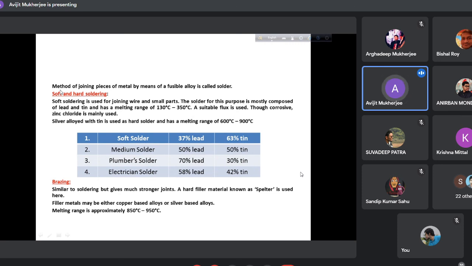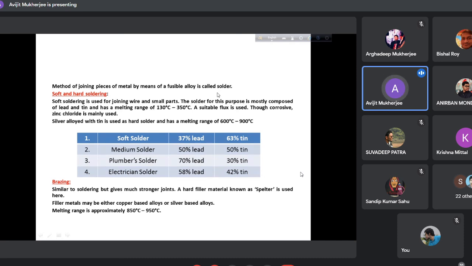this is not the concept of welding, because both the parts are not heated or brought to the fusion point. But how is the joint made? The joint is made by means of a fusible alloy. Fusible alloy is known as solder. For that, we must have a solder iron.